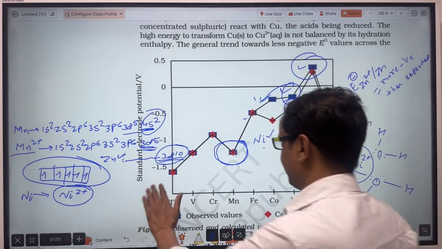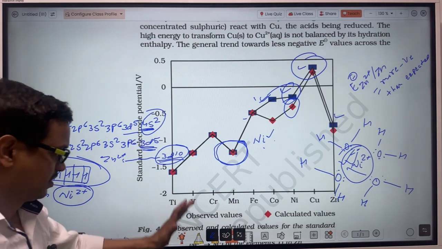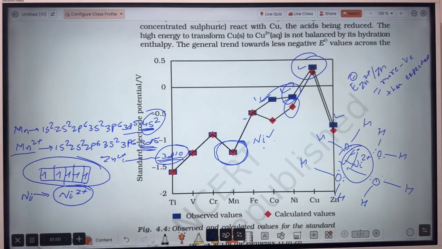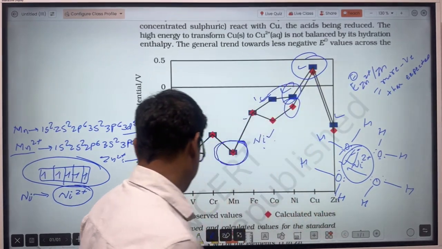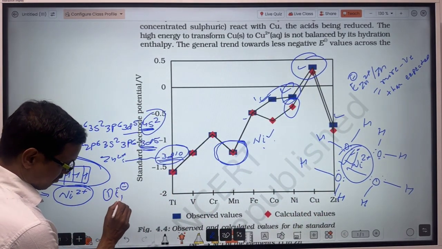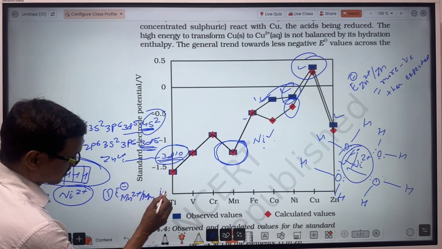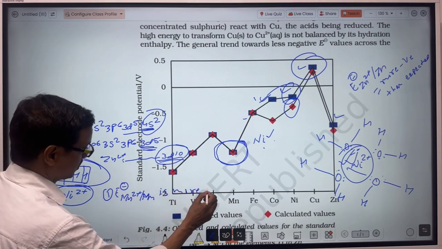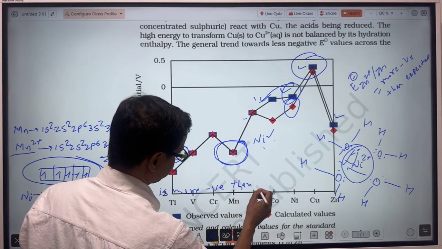Wherever you have seen exceptional behavior, I am mentioning the reasons once again. One is the standard electrode potential of manganese, Mn2+/Mn, which is more negative than expected.